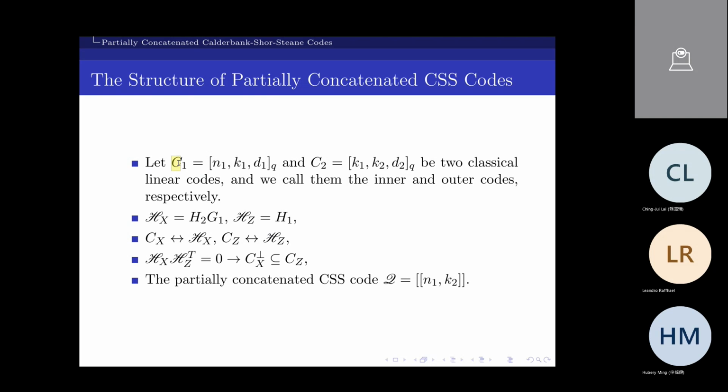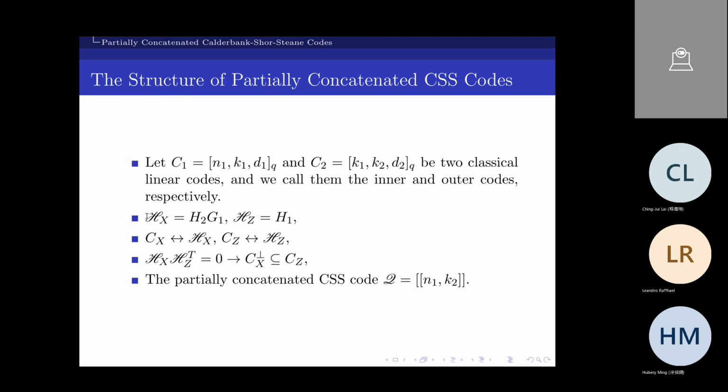Here we have to notice that C1 and C2 can be any two classical linear codes that do not need to satisfy the dual containing constraints. However, the parameters of C2 have some constraints because the length of C2 is k1, which is equal to the dimension of C1.